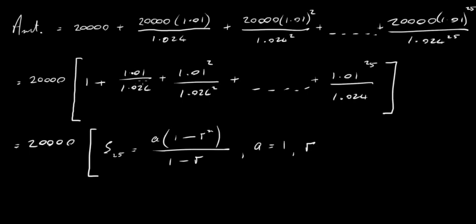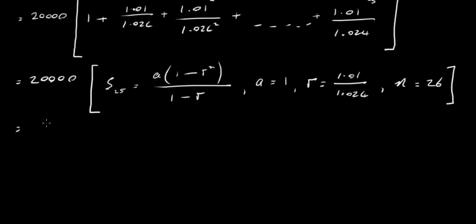Here we're just multiplying each term by 1.01 over 1.024, because you square the top, you square the bottom, and so on. And our n in this particular case, you have to be a little bit careful here, is 26 terms, because this is the power of 1, this is the power of 2, so we have 25 terms from here up to here, but we have this extra term which is 1, so in actual fact we have 26 terms in total.